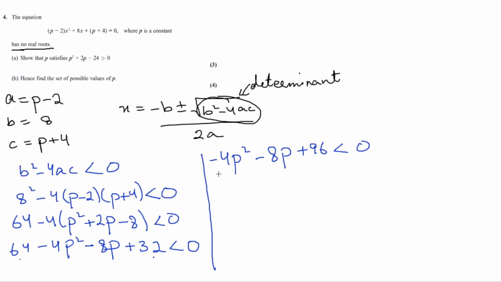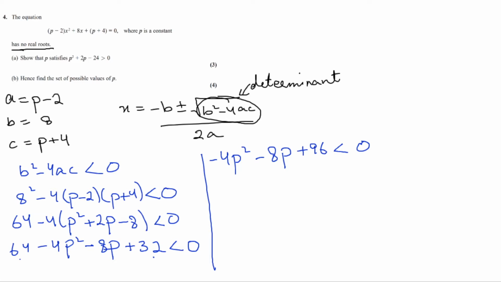Now we've got a common factor between all of these, which is 4. We've got 4 times 1, 4 times 2, 8, and 4 times 24, 96. So I'm going to take 4 out as a common factor, but I'm also going to take the negative out. Because I'm dividing the entire thing by negative 4, I'm also dividing the other side by negative 4, so I'm going to change the sign from less than to greater than.